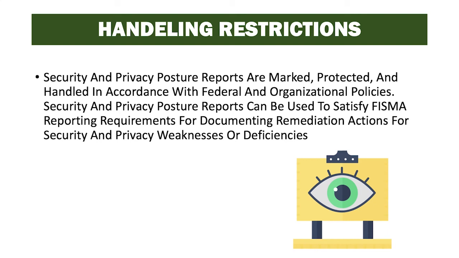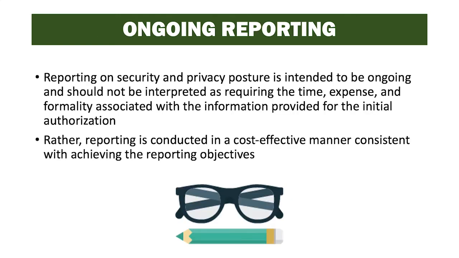So we want to mark and handle these things with care because they may provide a lot of information to the attacker that can be used to attack the organization or the system. The other thing, if we have good solid documentation, we may be able to use this to satisfy FISMA reporting requirements.